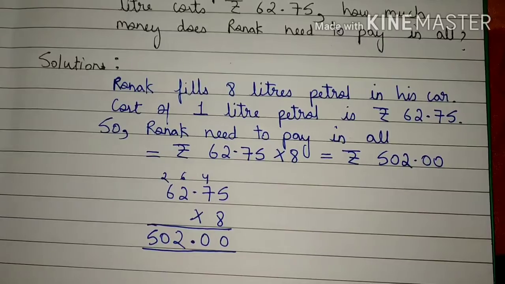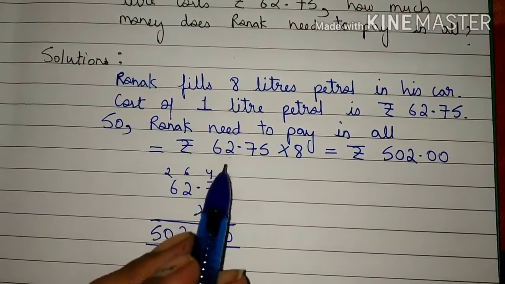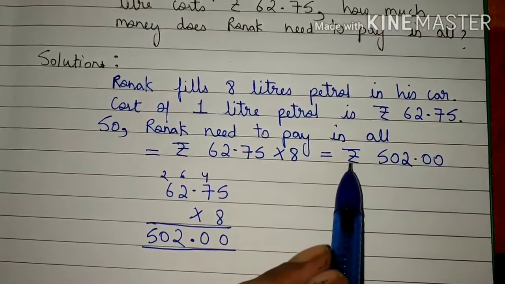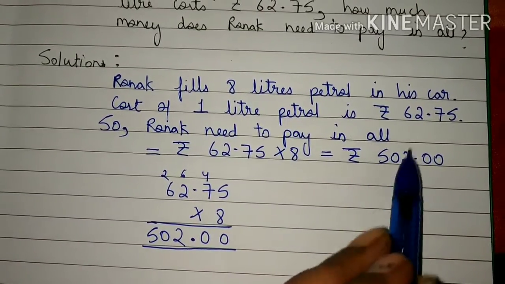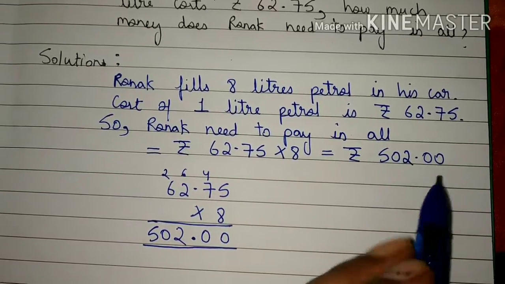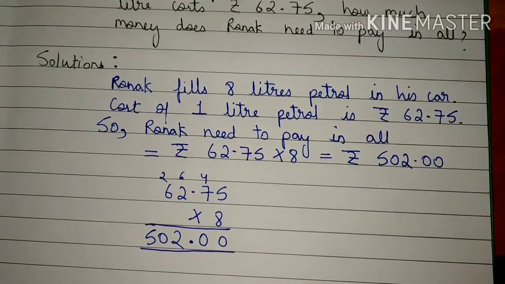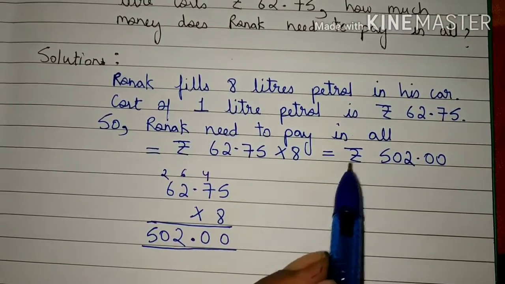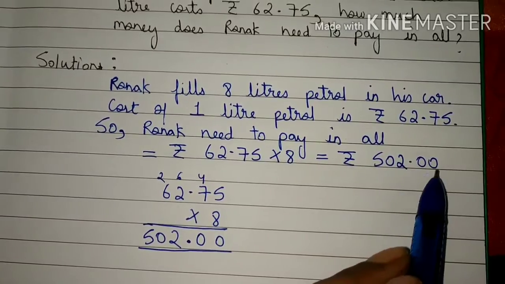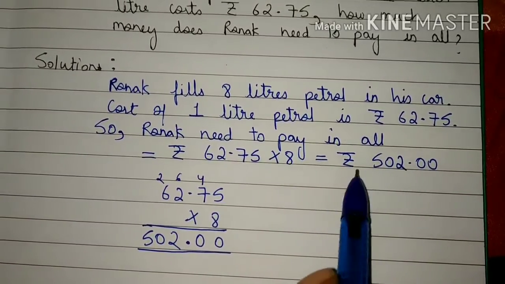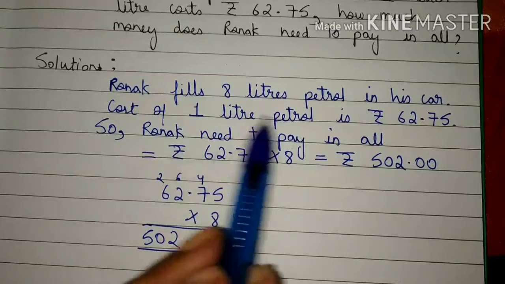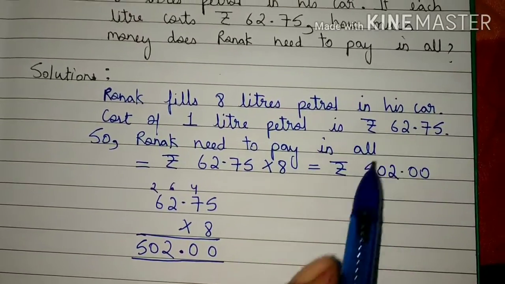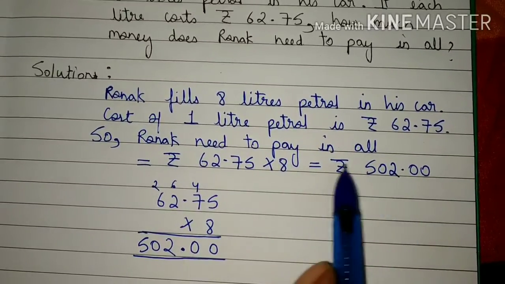When you multiply rupees 62.75 into 8, you will get the answer rupees 502.00. So students, rupees 502.00, this is the amount which Ronak needs to pay if he fills 8 liters of petrol in his car. Students, this is your answer.